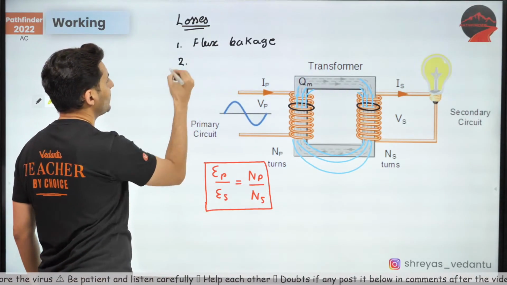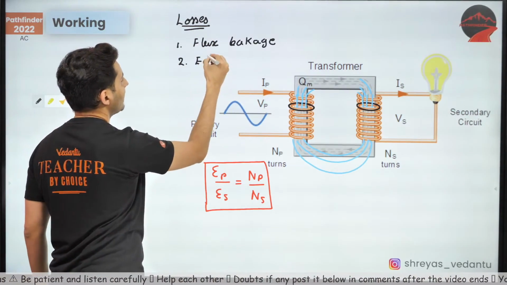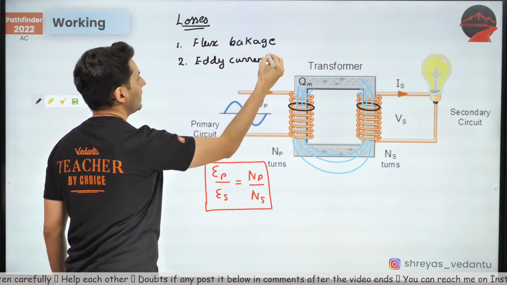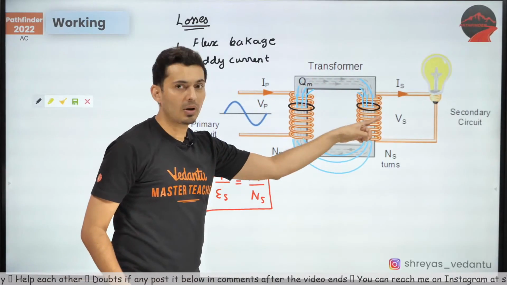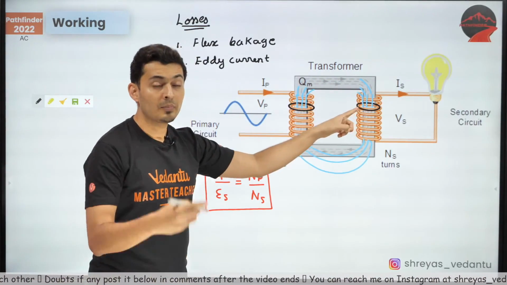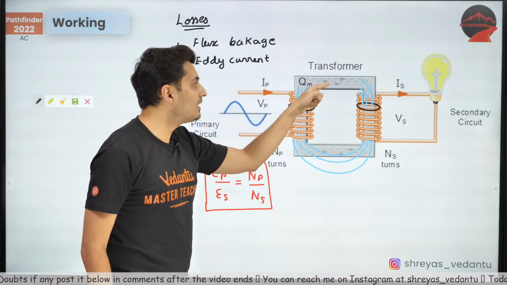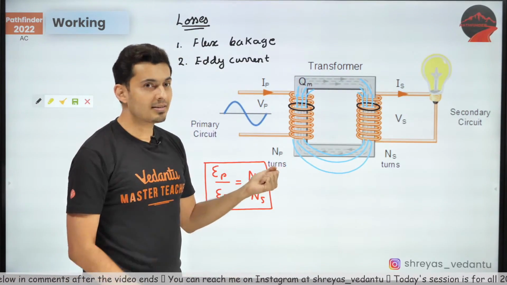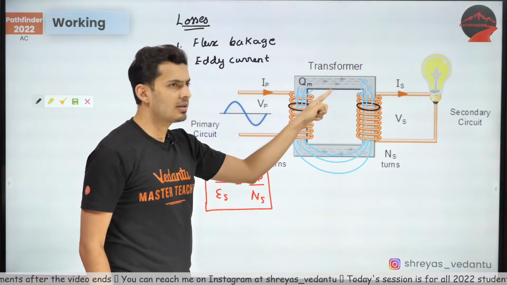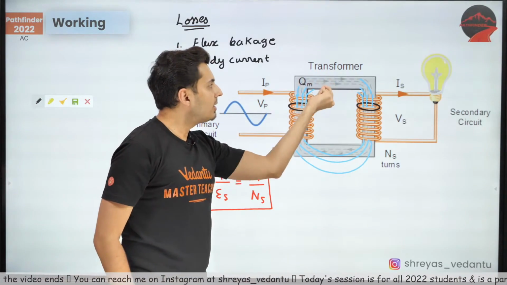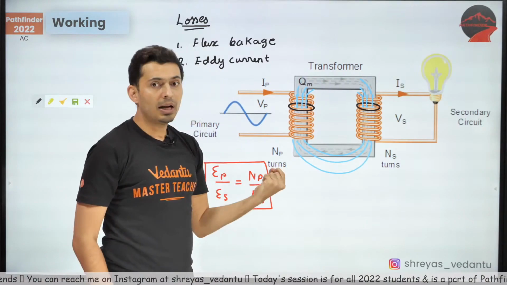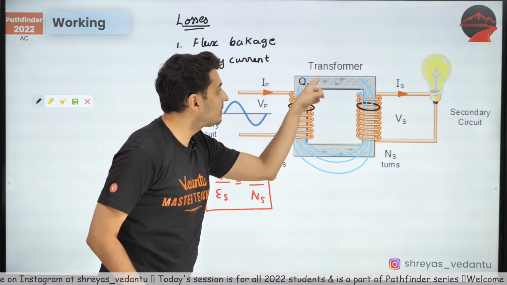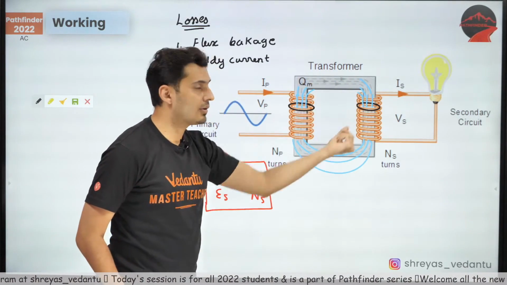The second kind of loss is eddy current loss. Now what is eddy current? Whenever a magnetic field is produced in this iron core, eddy currents are induced in the transformer's core as well. When this magnetic field changes, by Faraday's law, current will be created even in this metallic part, inside this gray core that you are seeing.